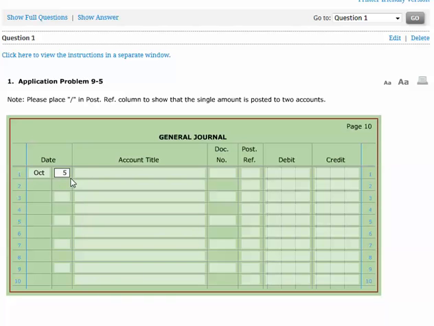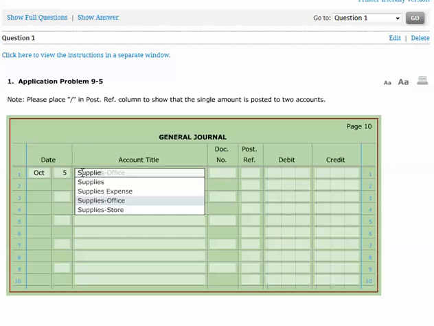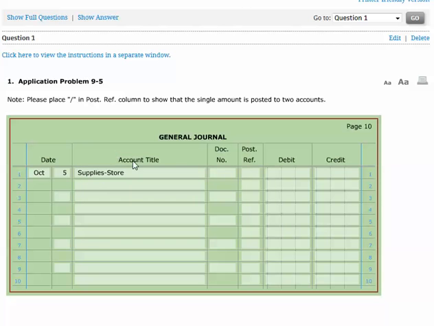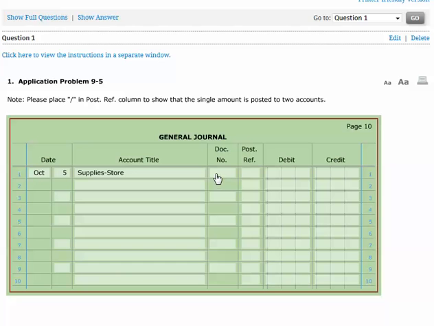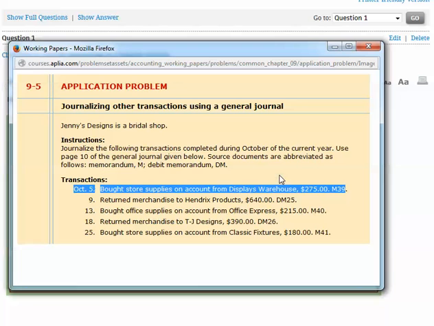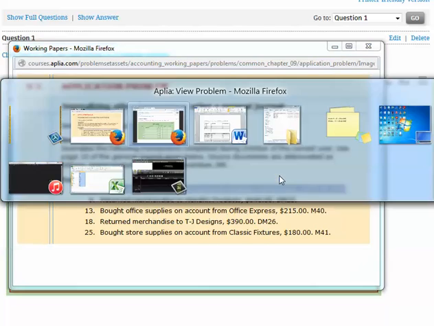It's Supplies, Store, and the document number is M39.